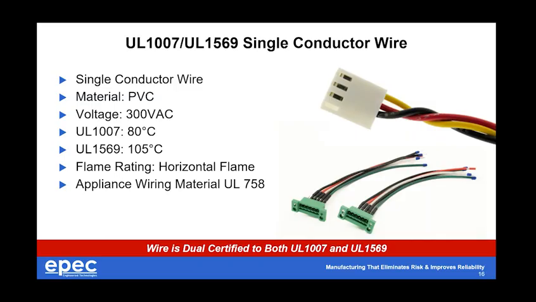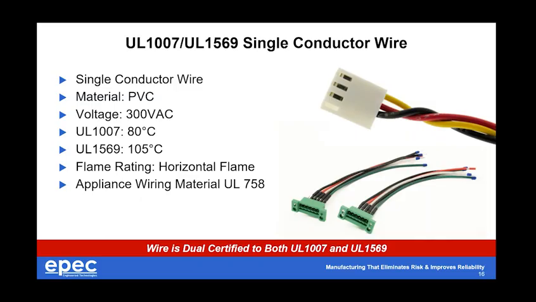This actually can create some confusion for customers because it's not clear if this wire will survive 80 degrees C or 105 degrees C. But because of the design of the wire, because of the properties of PVC, this wire is actually dual certified, meaning that it'll survive 105 degrees C, 300 volts, and has a horizontal flame rating.